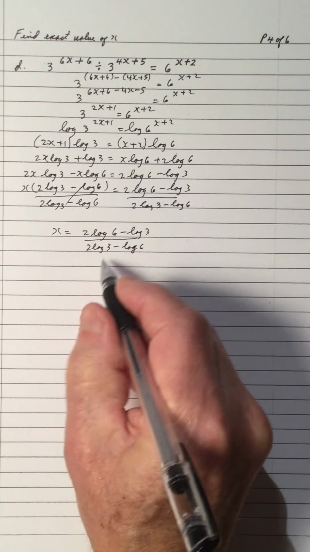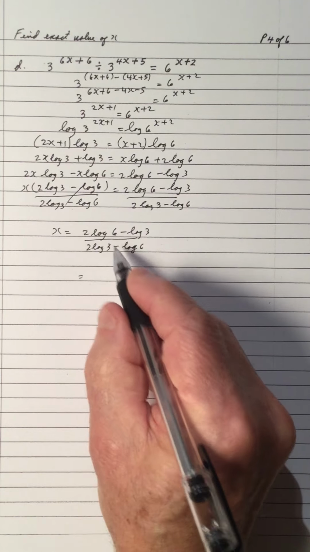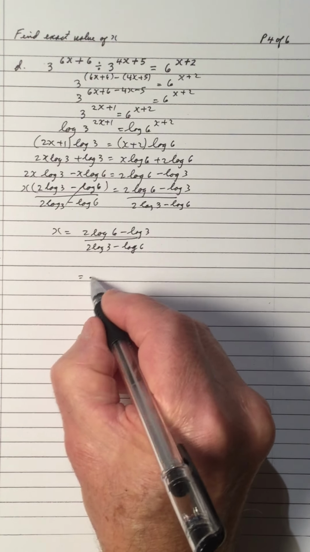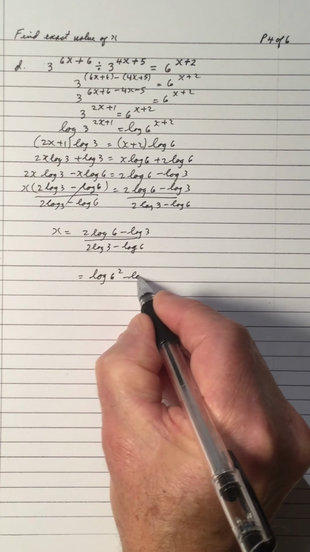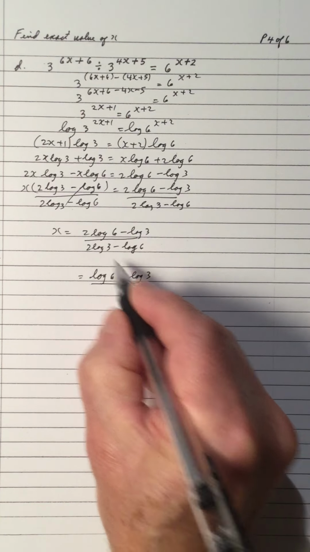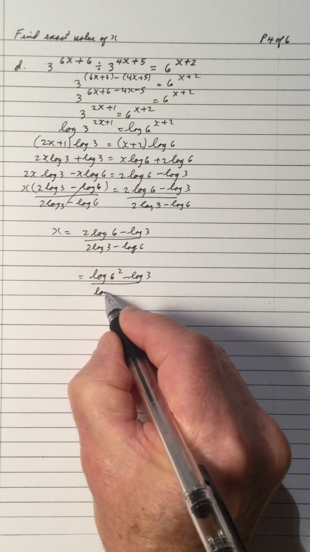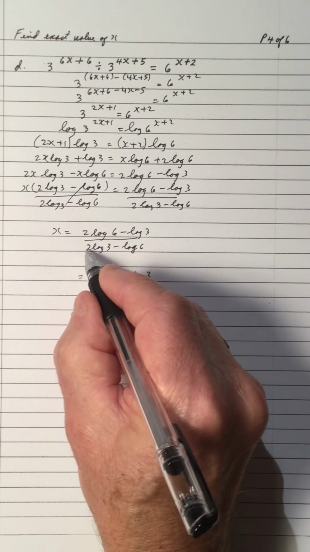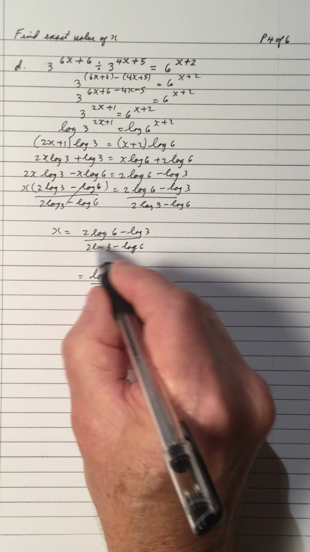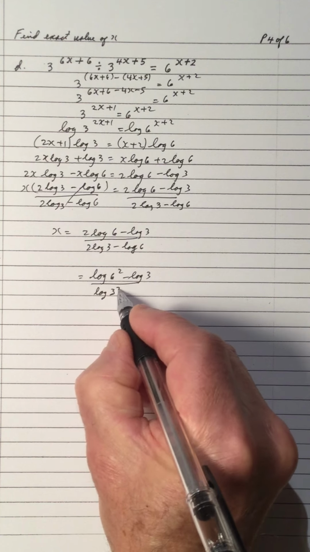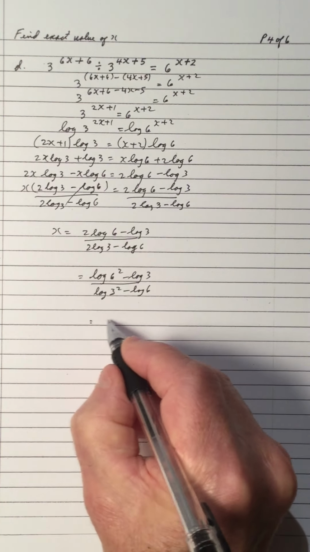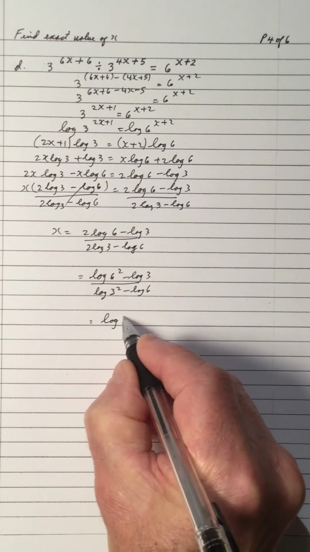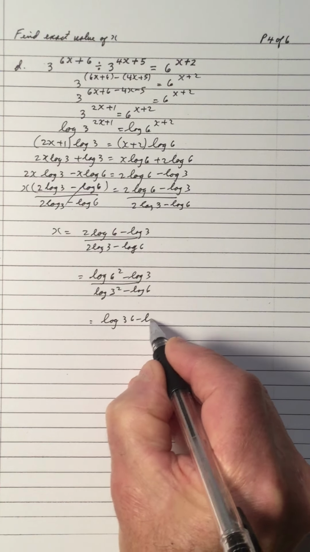So that's an exact answer, but we can tidy that up because we can take the power and move it in front. 2 to the 6, sorry, 2 raised to the 2 goes up to the 3, so that's the 3 squared. I just said it backwards. So that gives us the log of 36 minus the log of 3.